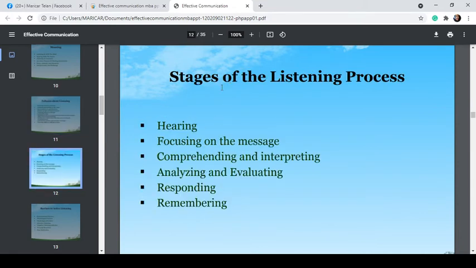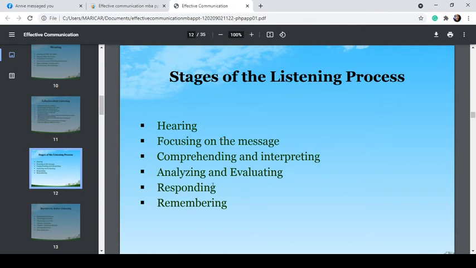We also have stages in the listening process. So, we have the hearing, o yung ginagamit mo yung tenga mo sa pakikinig. Focus on the message, comprehending and interpreting. Okay, so halimbawa may nagsabi sa'yo na maganda ka, so bukod sa na-hear mo siya, pinakinggan mo or focus ka doon sa message ng messenger at inilagay mo siya sa utak mo. At dahil sinabi nga sa'yo na maganda ka, na-interpret mo na talagang maganda ka.